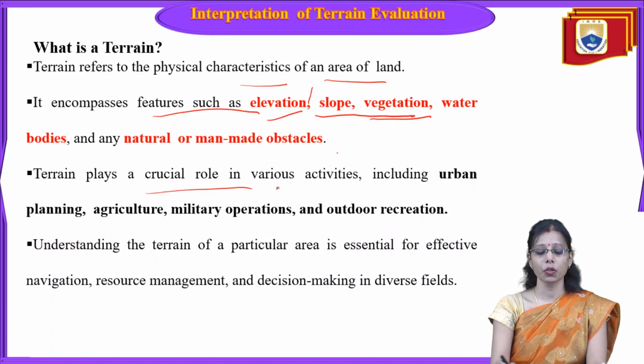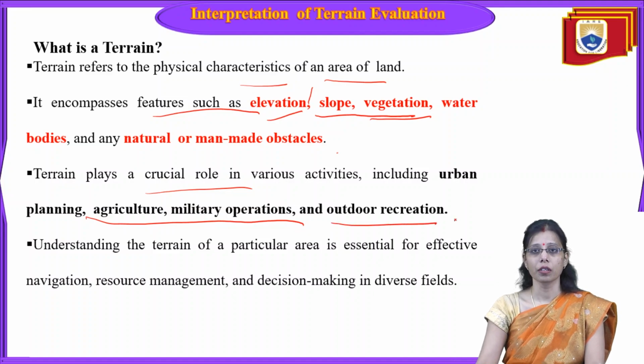Terrain plays a crucial role in various activities including urban planning, agriculture, military operations and outdoor recreation. How is terrain very important in day-to-day life? It includes urban planning. Urban planning means when a city is planned in urban areas.